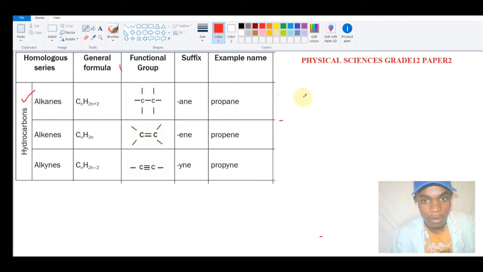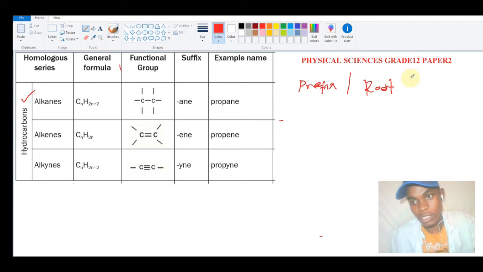When you are naming an organic compound, the name is composed of 3 parts: a prefix, then a root, and then a suffix, right?